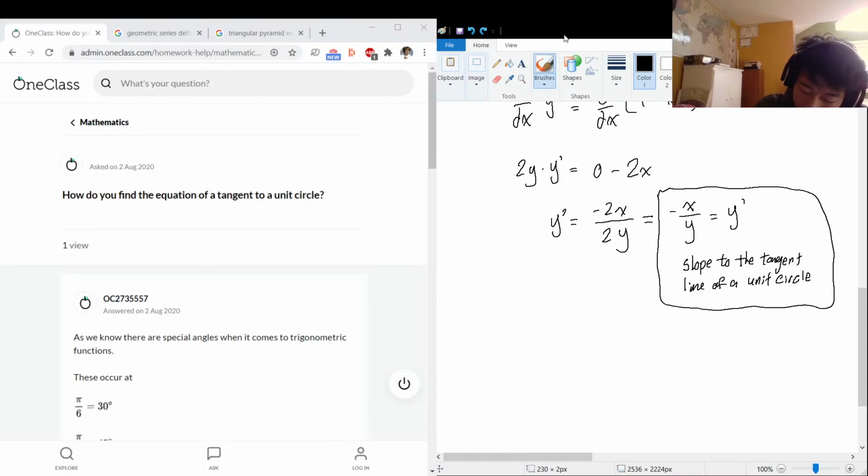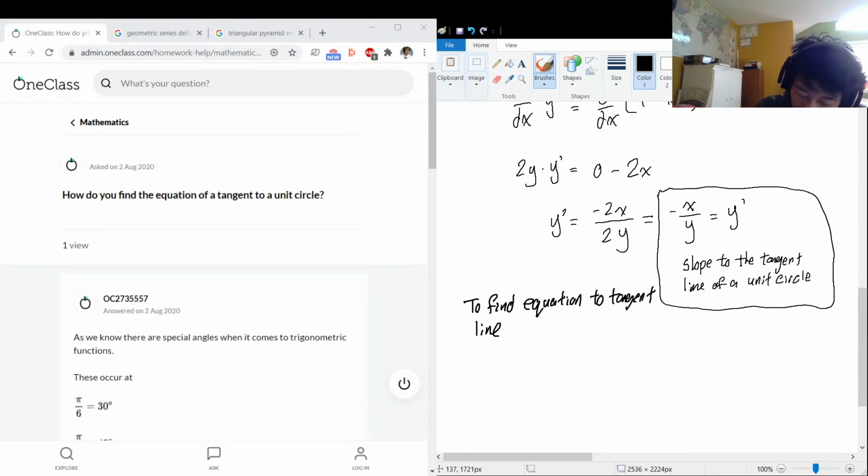Okay, so this is the slope, and to find the equation of the tangent line, we're going to need to think about the equation of a line.